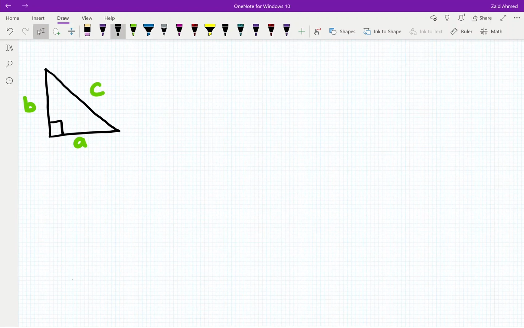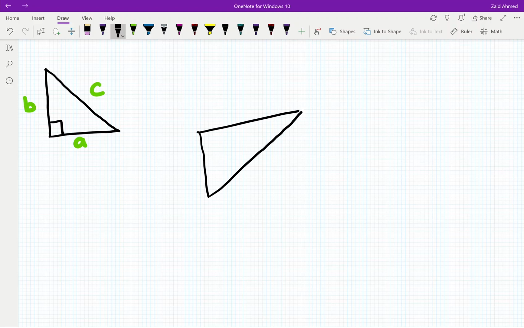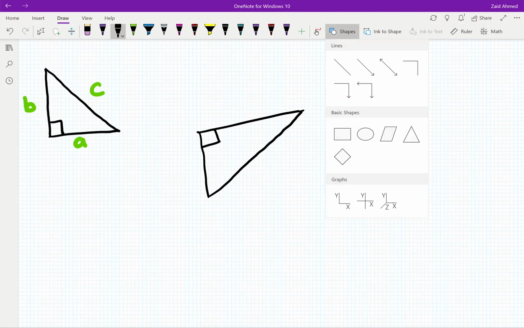Now, the fundamentals of the Pythagorean theorem, let me make it a little bit different so you guys are able to visualize exactly what's going on.